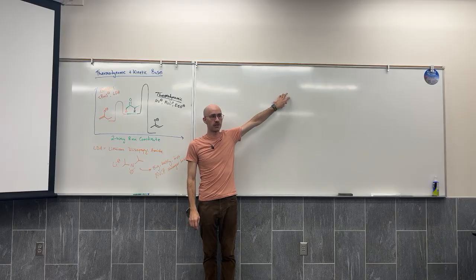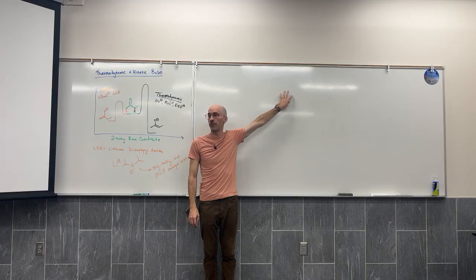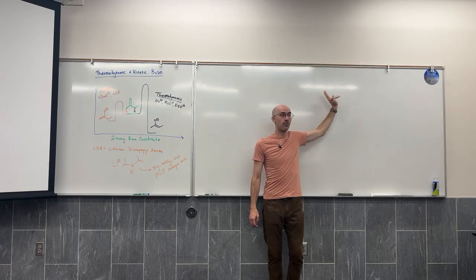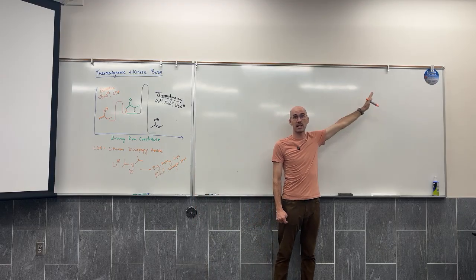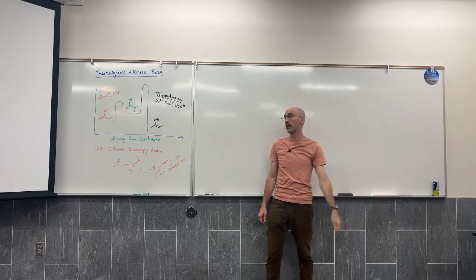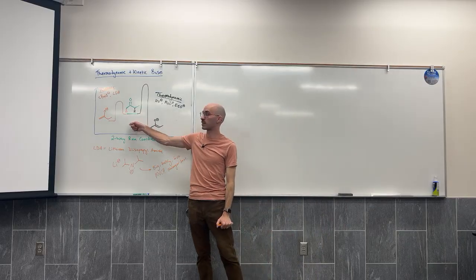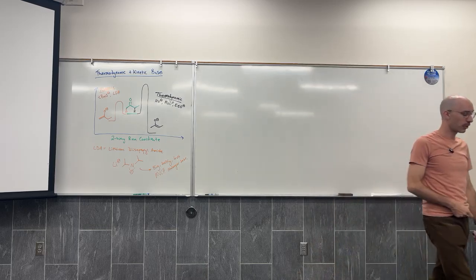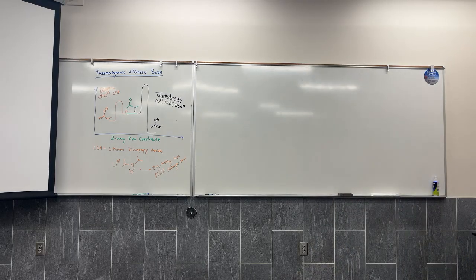In the examples that we just went through that I so timely erased, we had that ketone that had a more substituted enol on the left, a less substituted enol on the right. We could use a different type of base to help us get to those enols. Or if we wanted to do chemistry at one of those alpha carbons in particular, we could control it using a specific type of base.